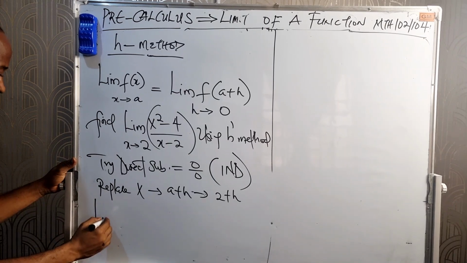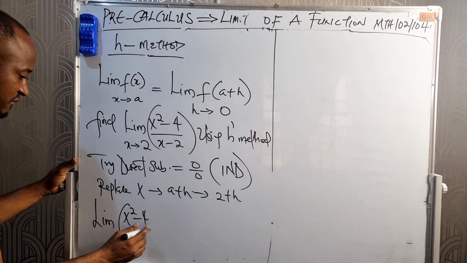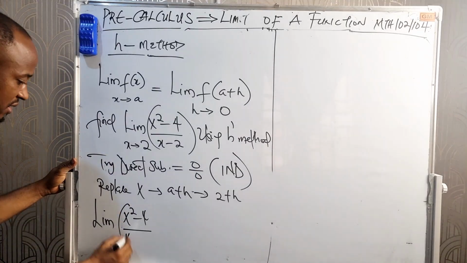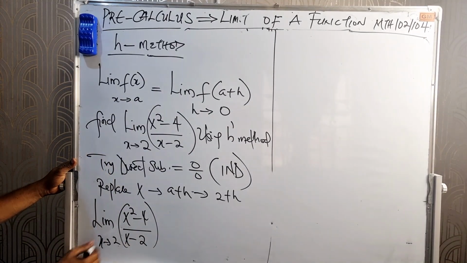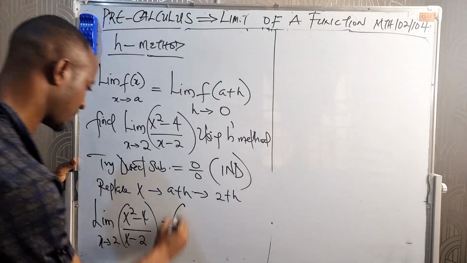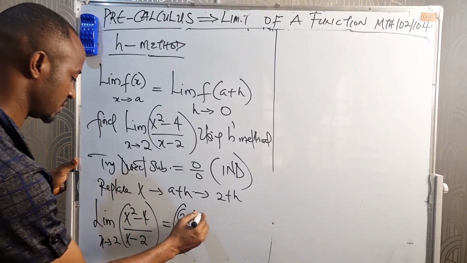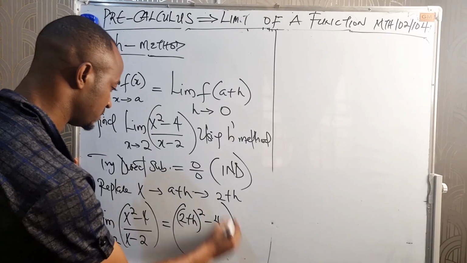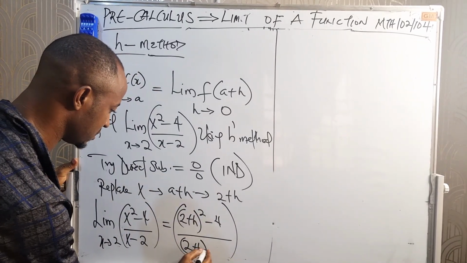That means our limit of x squared minus 4 divided by x minus 2 as x is approaching 2 becomes, on this side, 2 plus h all squared minus 4 divided by 2 plus h minus 2.